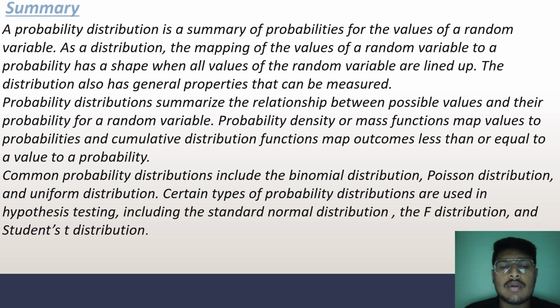Common probability distributions include the binomial distribution, Poisson distribution, and uniform distribution. Certain types of probability distribution are used in hypothesis testing, including the standard normal distribution, the F distribution, and the student distribution.